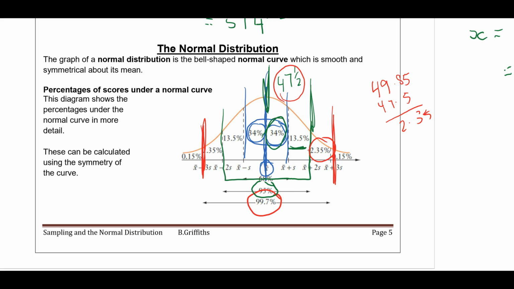I don't remember that number, but I'm just explaining where it comes from. And because I've still got 0.3 on the outside, I've got 0.15, which is half of 0.3 on both sides. Those numbers never change. I remember 68, 95, 99.7.